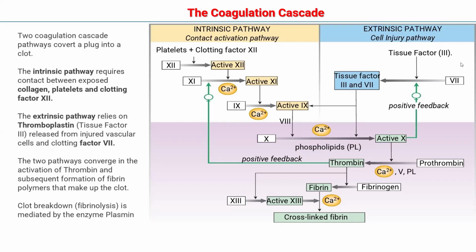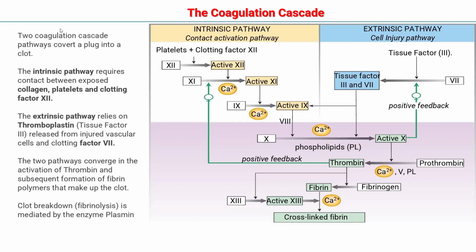We don't need to know all that, but we need to understand that we have different types of coagulation factors, and deficiency of these factors will result in different blood disorders, like deficiency of factor 9, for example, which leads to hemophilia A, and factor 8 deficiency, which leads to hemophilia B, and so on.